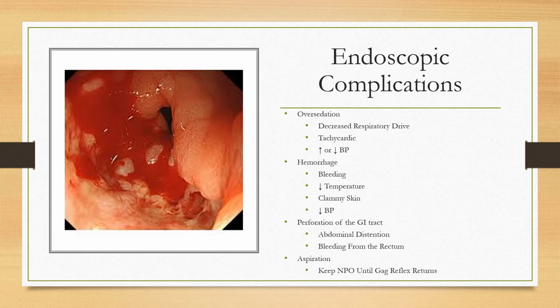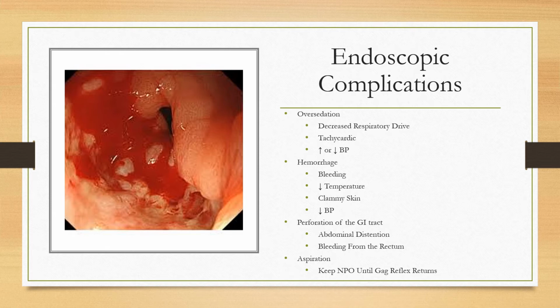Okay, aspiration. If you're putting a scope into someone's stomach, there's a gag reflex there, and if they aren't properly sedated, or if they weren't kept NPO, there is a risk of aspiration.